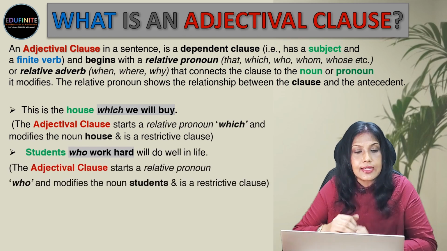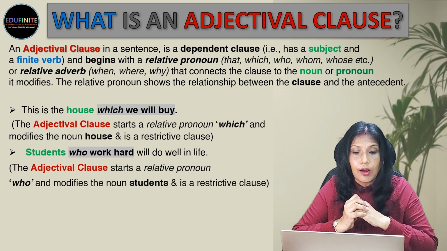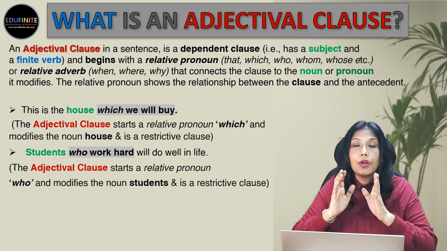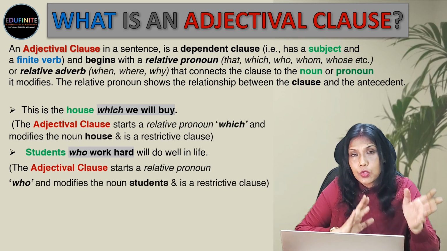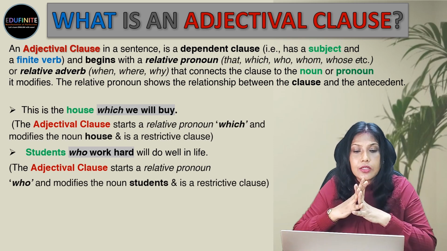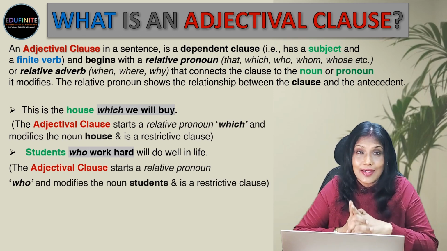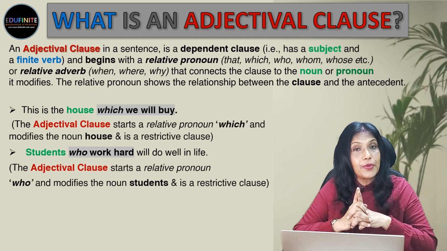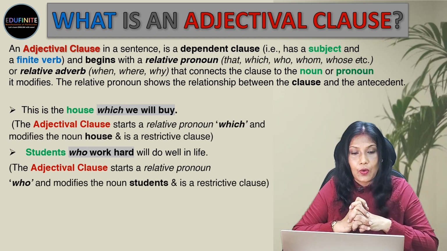Okay, the next sentence is, students who work hard will do well in life. Again, who work hard is telling us about the students. The section of students who will work hard. So, who will work hard is an adjectival clause and it begins with the relative pronoun who and it is a restrictive clause. Why?